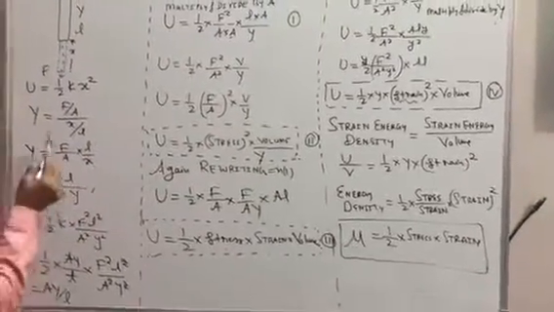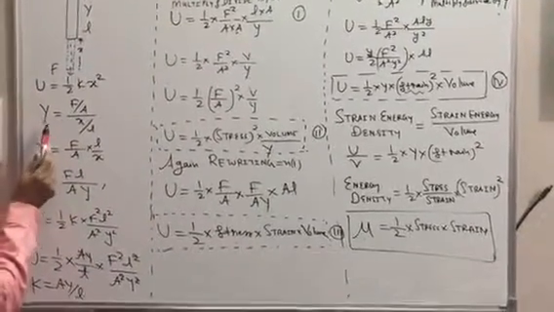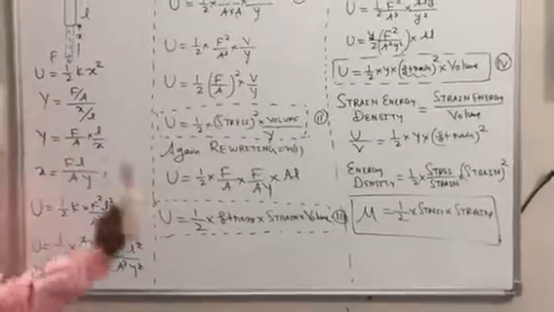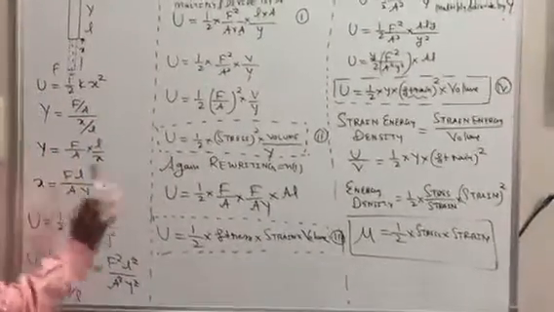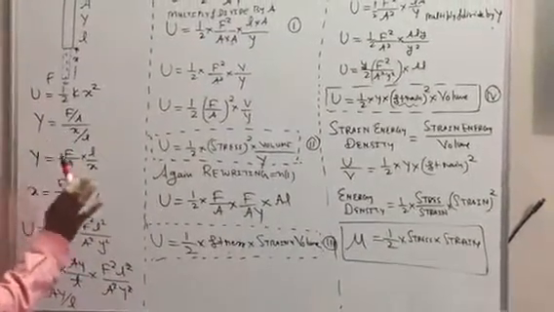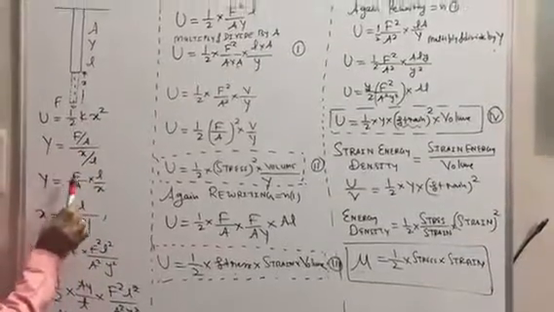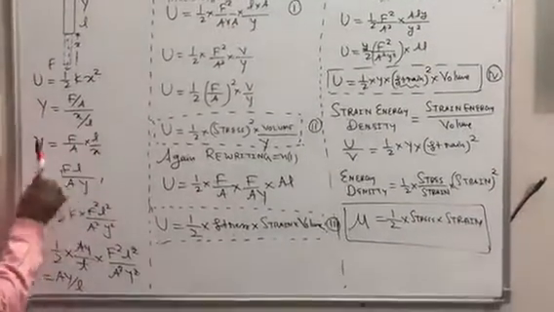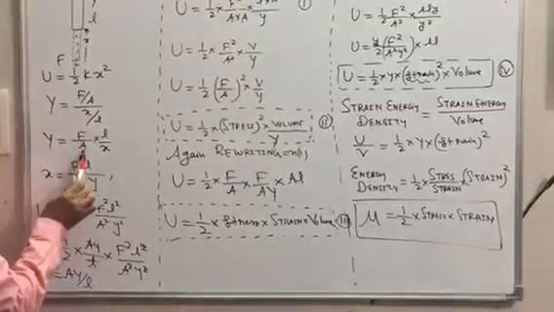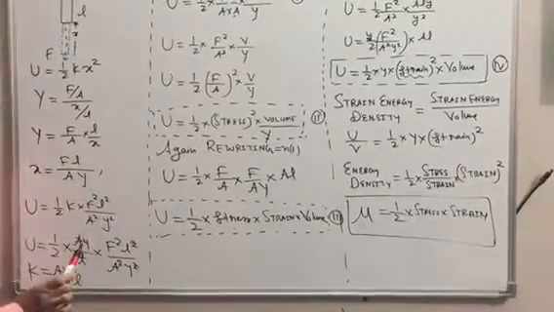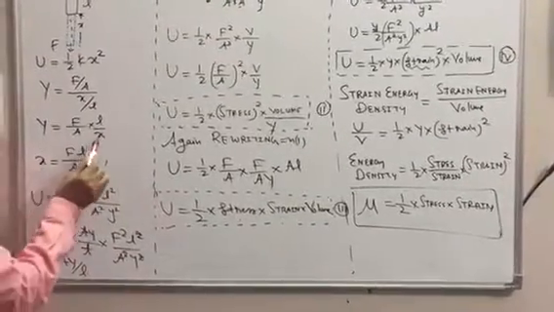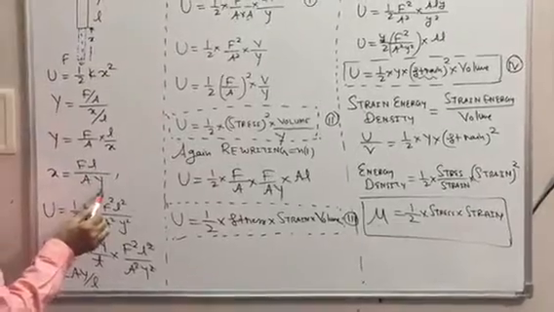You all know by definition, Young's modulus equals F upon A, stress, upon longitudinal strain. So Y is equal to F upon A times L upon X. What is X? FL upon AY.